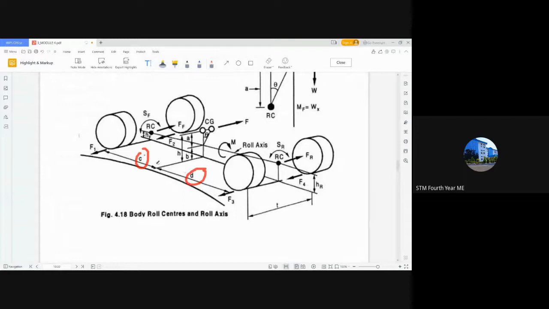The length from the center of the front axle to the center of the rear axle is the wheelbase. The distance from the center of one rear wheel to the center of the other rear wheel is called the wheel track, denoted by T. It is also the distance between the centers of the front wheels, so that is also track.